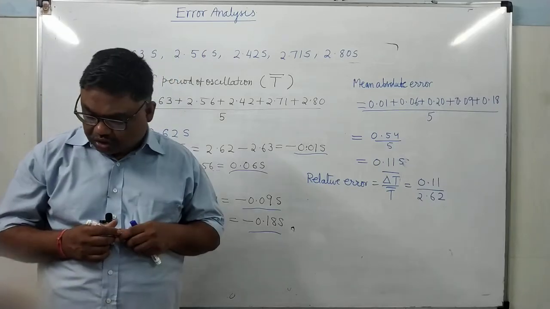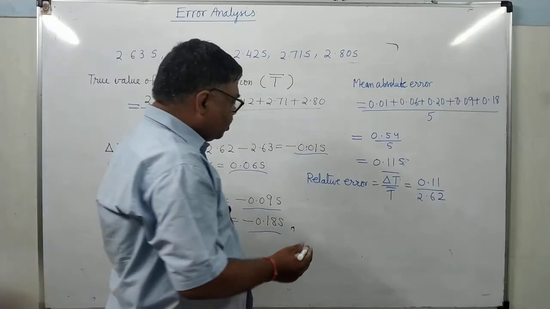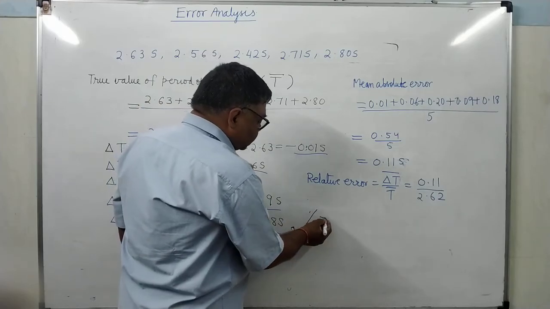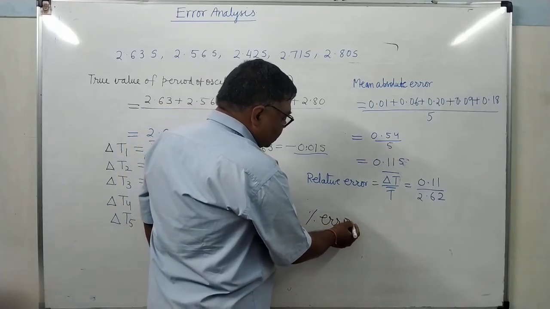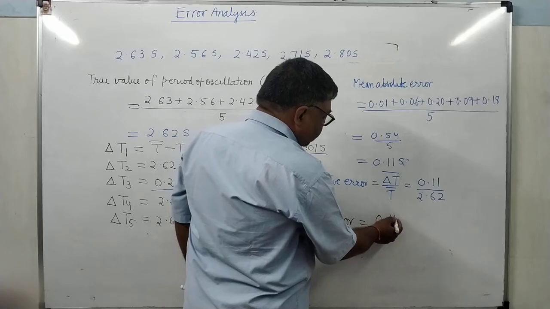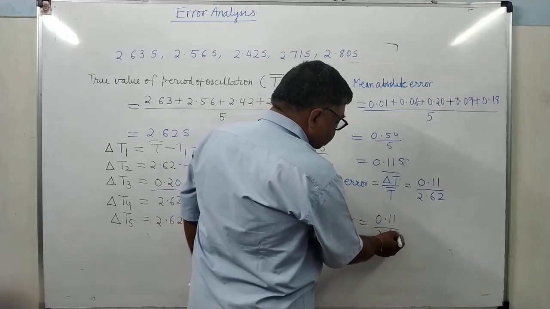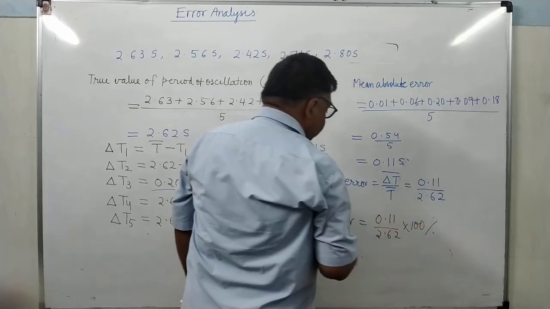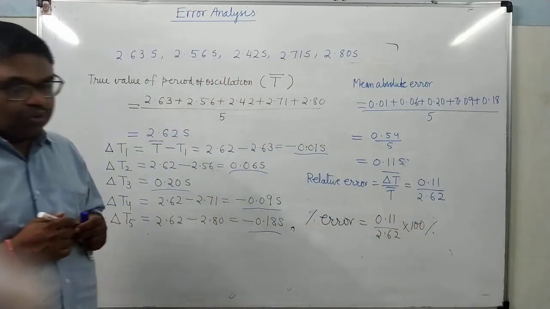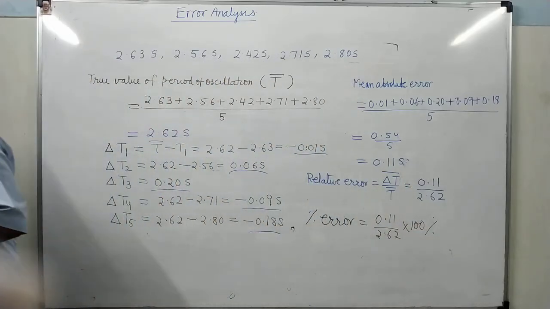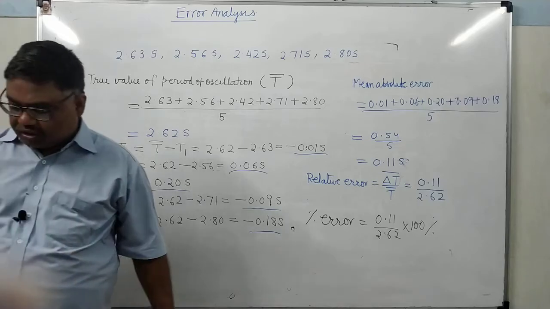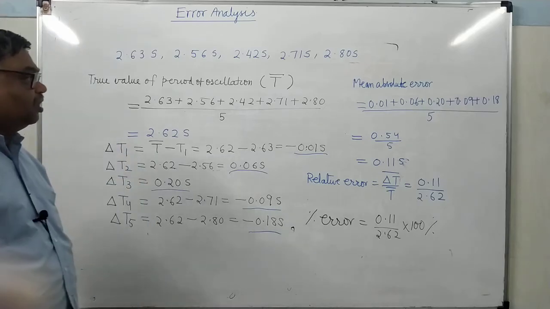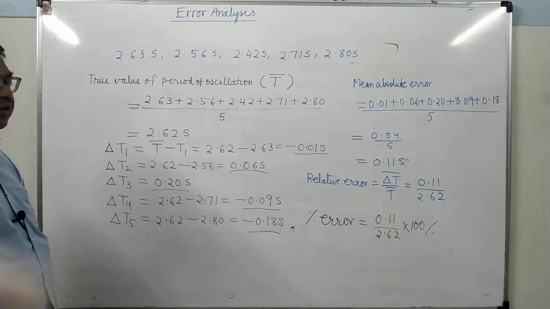I don't have a calculator, so you can do it. Then what will be the percentage error? Percentage error will be 0.11 upon 2.62 into 100%. It is clear? This way you can calculate the errors.